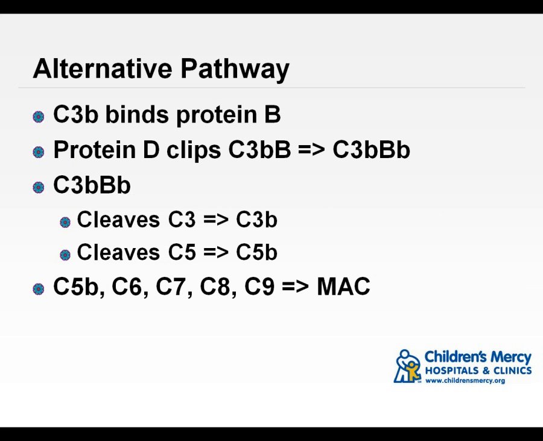Now, again, don't get hung up on all these steps. Just kind of have a sense that C3 gets clipped and then binds to a bacteria, and then B comes on board. Now, the C3bBb is a convertase, and what it does is it cleaves more C3, so you can amplify this process and dig lots of holes into the cell that it's landed on.